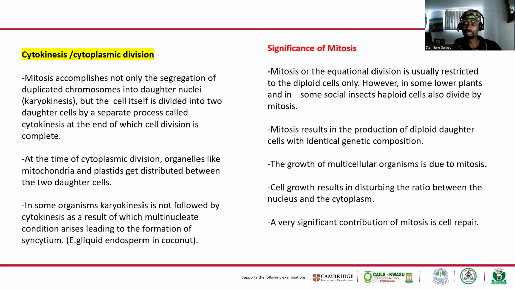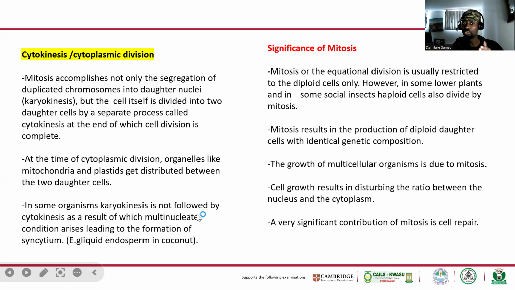So we just want you to know that, as we've earlier said, immediately after nucleus division, which is karyokinesis, cytokinesis occurs immediately. But we are now trying to tell you some exemption. And a very good exemption is the endosperm in coconut, the liquid endosperm in coconut. Are you getting me?